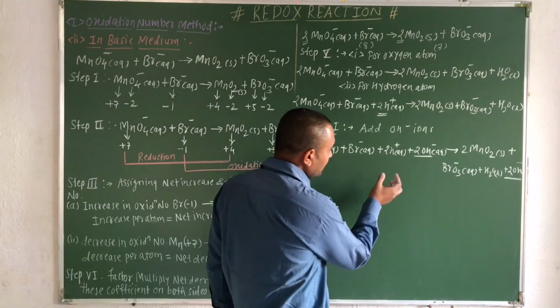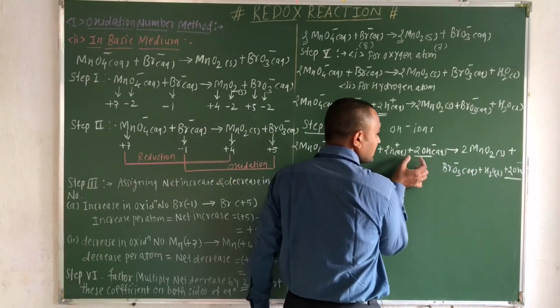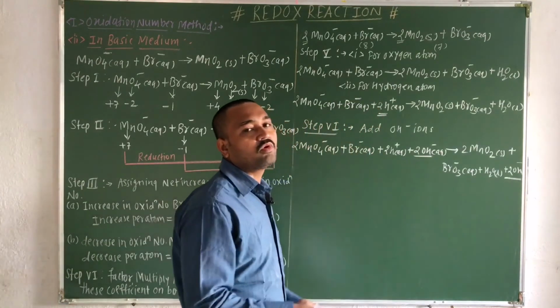Then it says that the 2 H plus and 2 OH minus will combine to form water molecules.